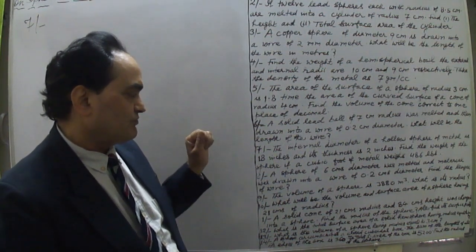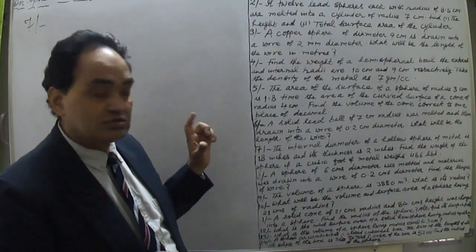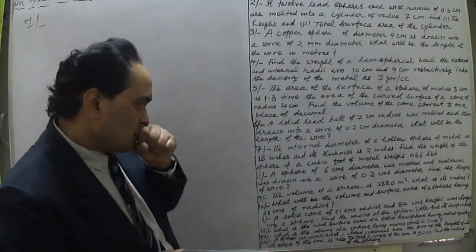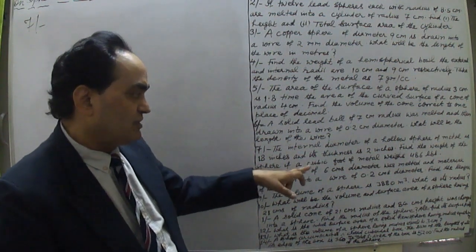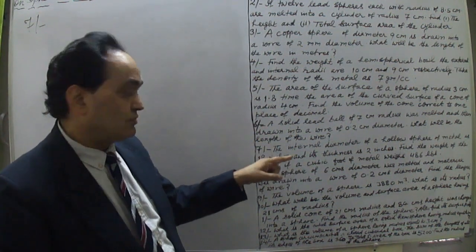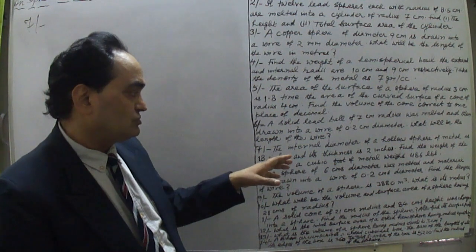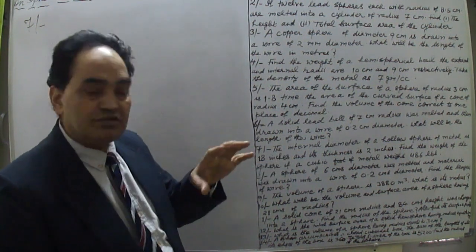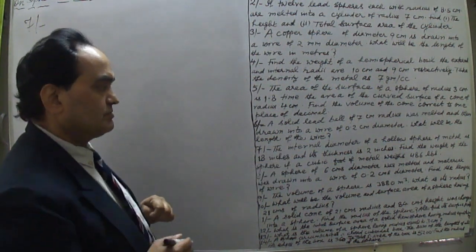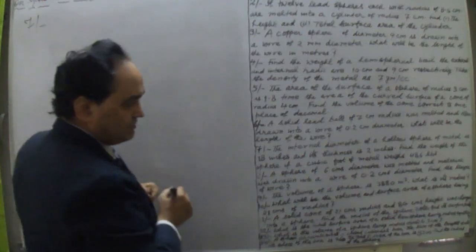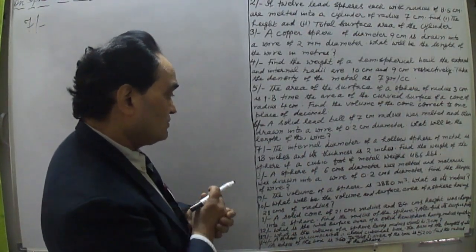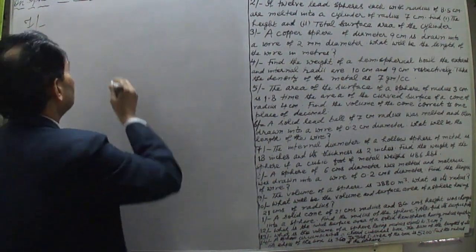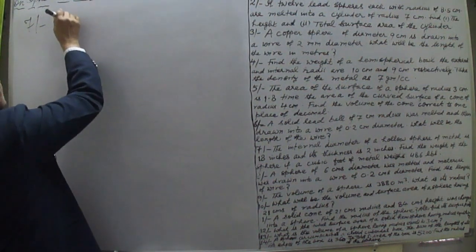Find the weight of the sphere if 1 cubic foot of metal weighs 486 pounds. The weight is in pounds, and the cubic foot is given. So what is given to us? Let me write it here.